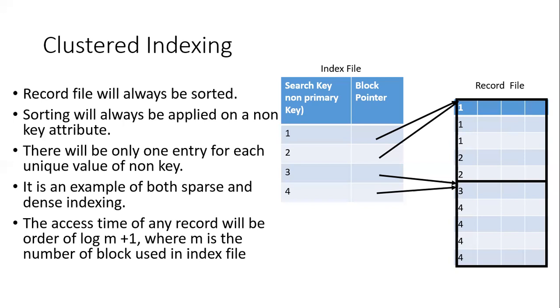As you can see here, the third index entry is pointing to the base address of the second block, because the second block has a record having the non-key attribute value 3. Similarly, index entry 4 is pointing to the base address of the second block, because the second block has records having the non-key attribute value 4.